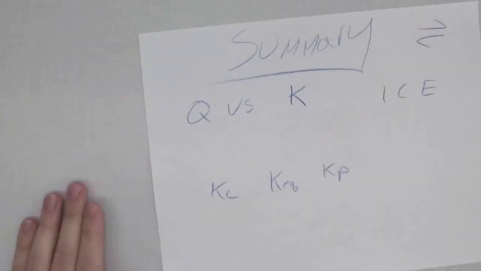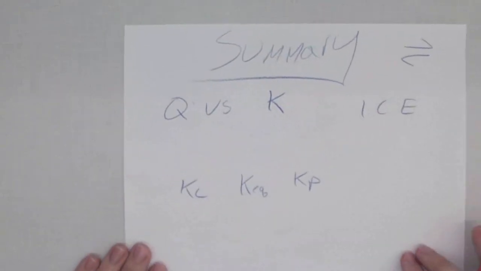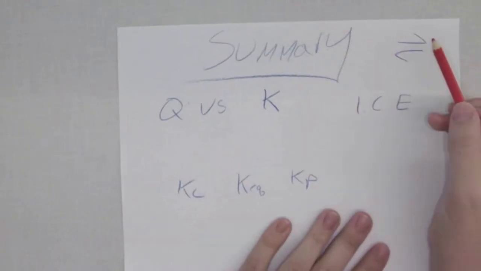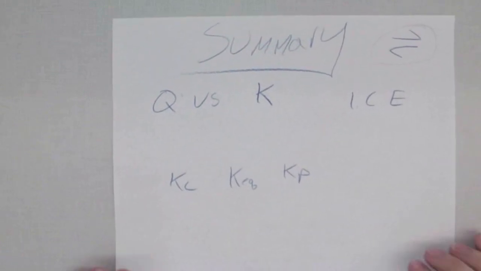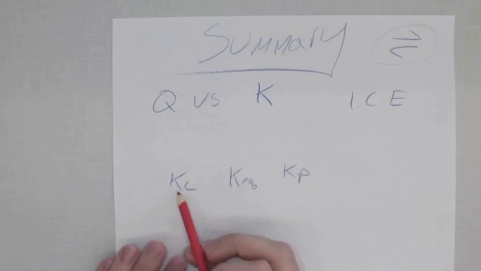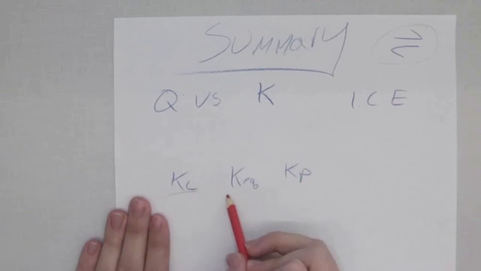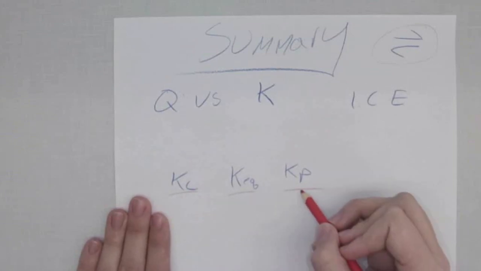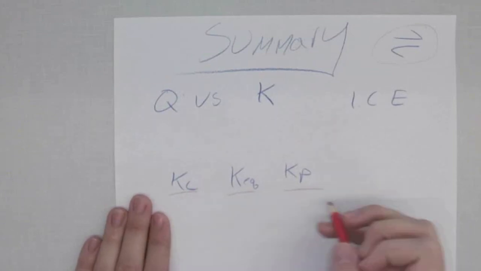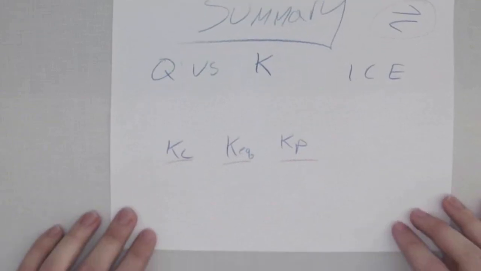All right, finally, in summary of this entire video, we learned about equilibrium, which of course is all based around this little set of double arrows, meaning our reaction can proceed forward or backwards depending on its environment. We looked at the 3 different kinds of K, so that is KC, KEQ, and KP. KC is concentrations, KP uses partial pressures, and KEQ is just the generic term for an equilibrium constant.